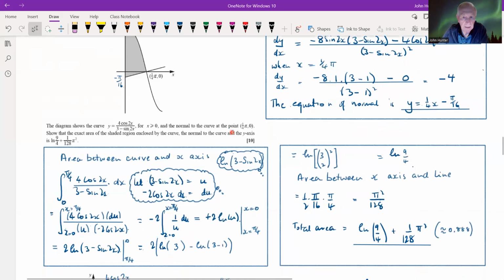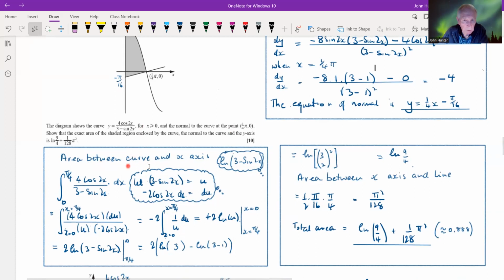So let's go back now and look at the integral. What we're going to do is do it in 2 parts. We don't have to do that, incidentally, in general, and I'll come to that in a few minutes. But first of all, let's do the integral, or the area under the curve.